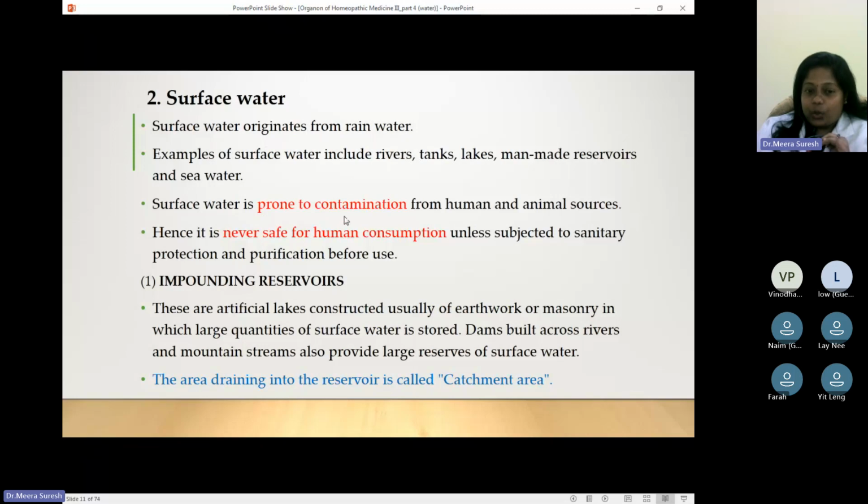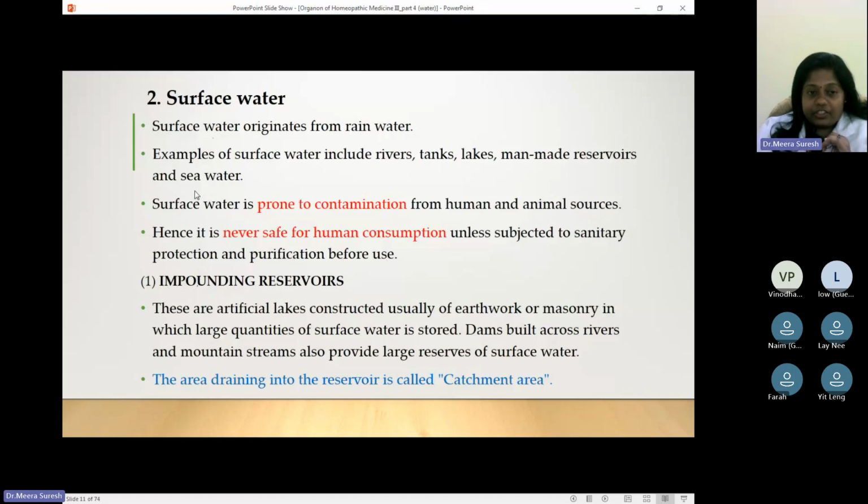So it is prone to contamination from human and animal sources. Hence, it is never safe for human consumption unless subjected to sanitary protection and purification before use. So we can use river or stream water, but before using it, we should subject that water to a sanitary and purification process.